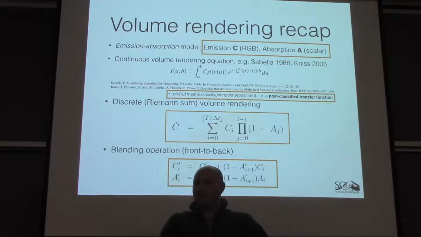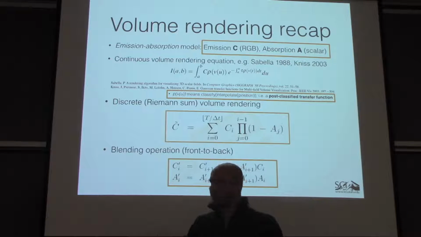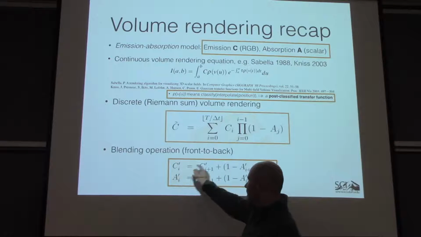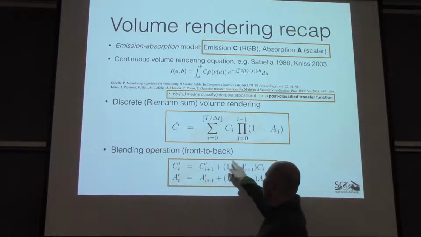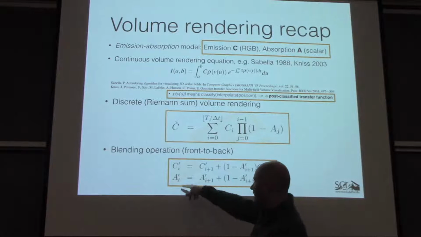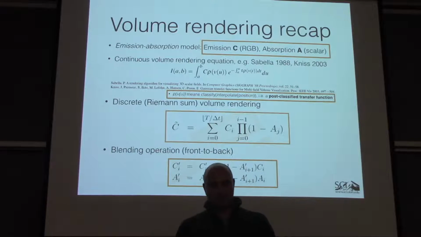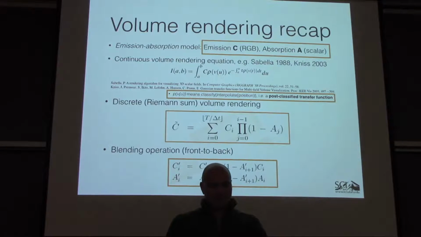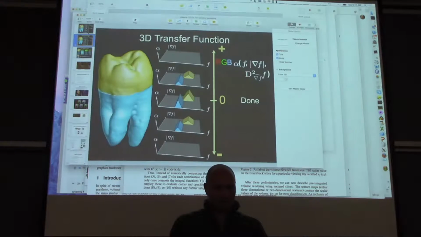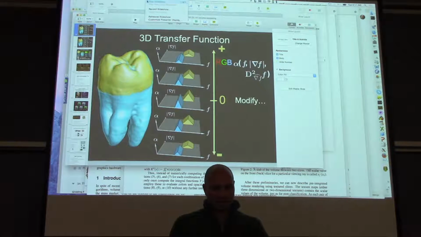And the way we implement this in a shader, or really any place where we're doing front-to-back compositing, is using this front-to-back blending operation, where the next color is the previous color, so this would be the back sample as the front sample, plus one minus alpha times color, and same thing for alpha. And we just chain these over and over again, and since everyone did homework 6, this should be pretty familiar by now.